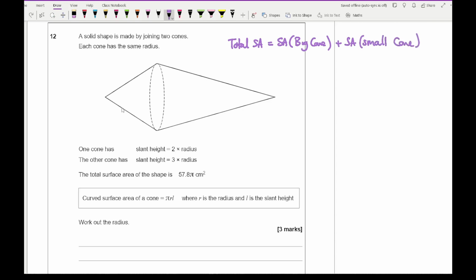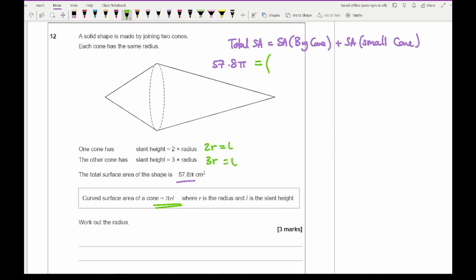Now I know that the total surface area is 57.8 pi, and that's equal to, if I use this formula to work out the area of the cone, the big cone has got a slant height of 3r and the small cone has got 2r, so that equals L.